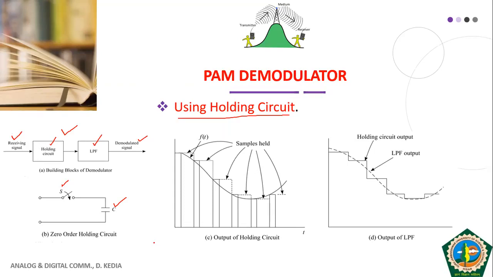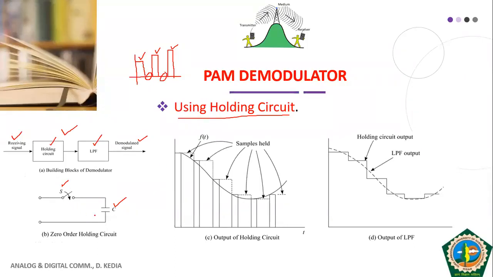For PAM demodulation, we all know that in our PAM signal we have a pulse train of different amplitudes. So this pulse is present here, here, here, and we have some portion in between where there is no pulse. Fine. So what is the job of the holding circuit?